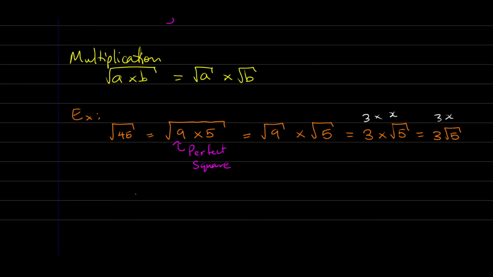Let's look at now division and basically rationalization as one. So division slash rationalization. No, let's do the division first. All right, we'll separate that property. Okay, so let's do the division property.